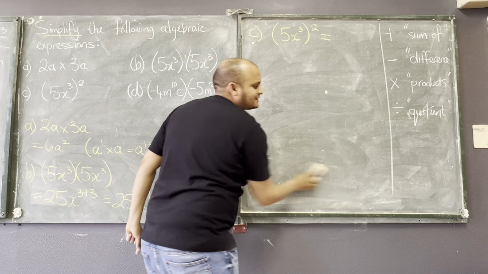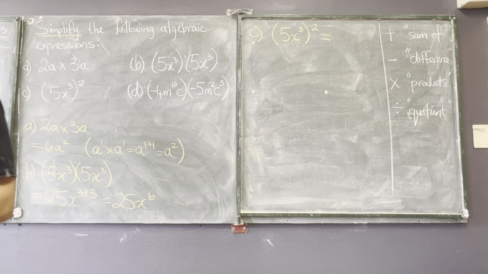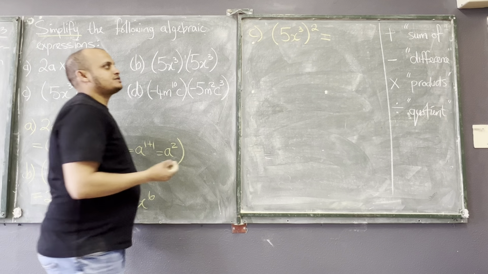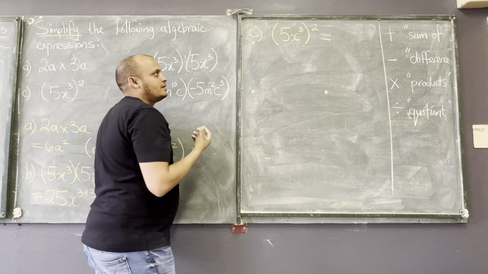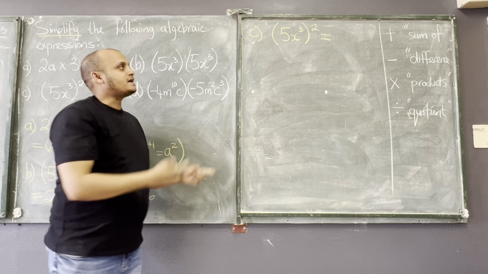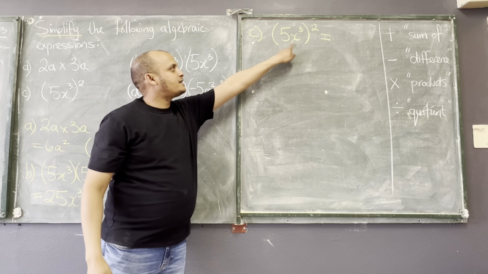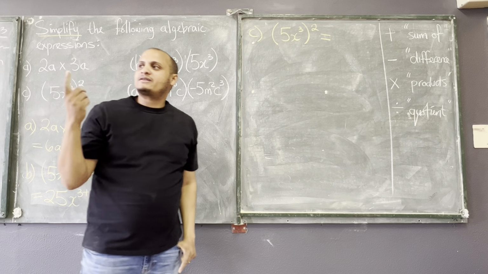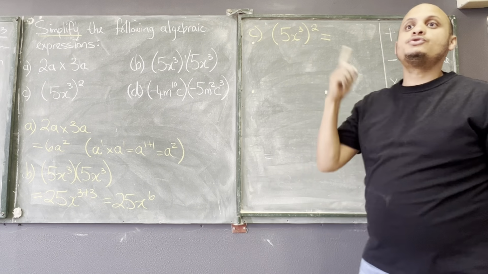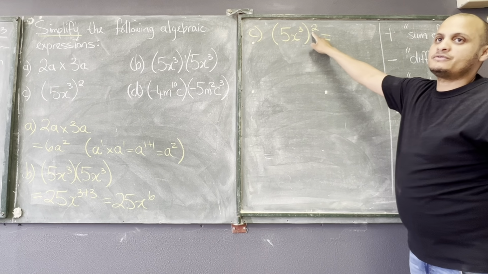See, I didn't even touch the sum yet because we need to take care of some language issues first. Okay? So I've got a product here that has 2 factors, and the law says that when I have a product raised to a power, then each factor of the product must be raised to that power. What power? The power of 2.